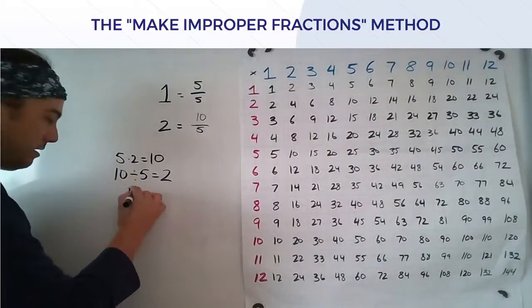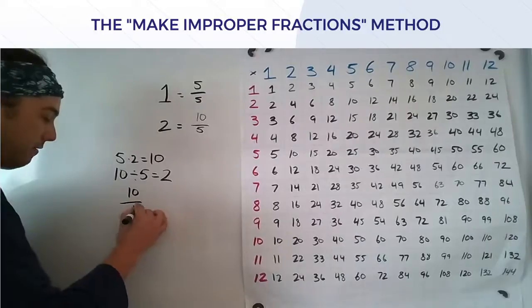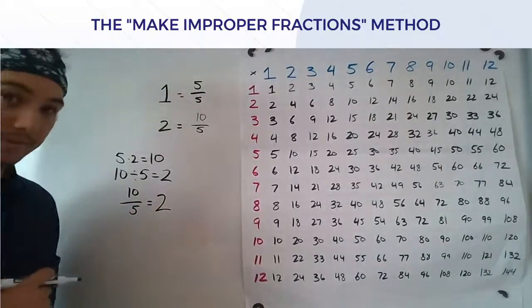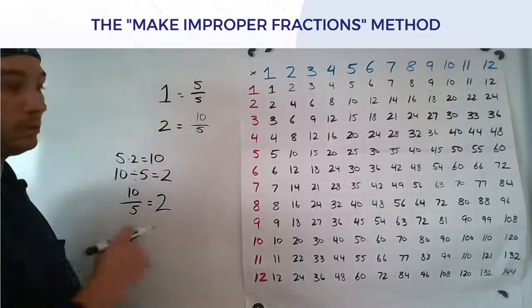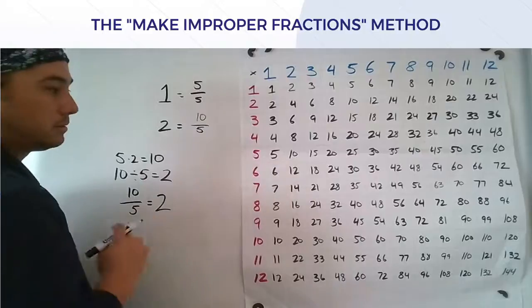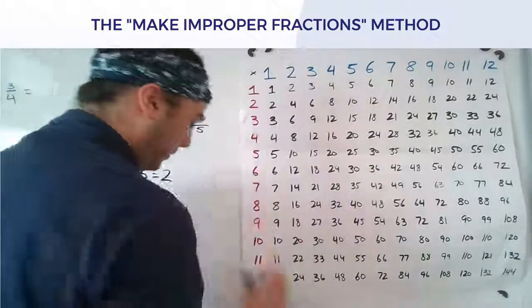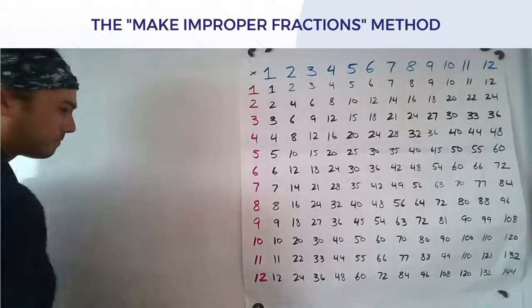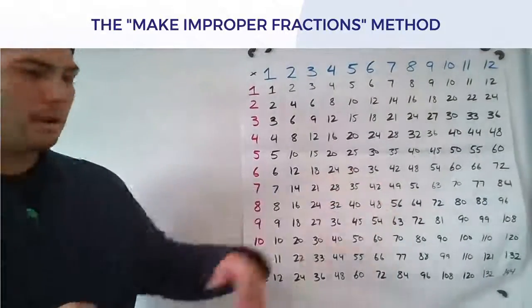So 10 divided by 5 equals 2, or 10/5 equals 2. And you can find them here. 10/5 equals 2. And you can do that for any one of our numbers on here.